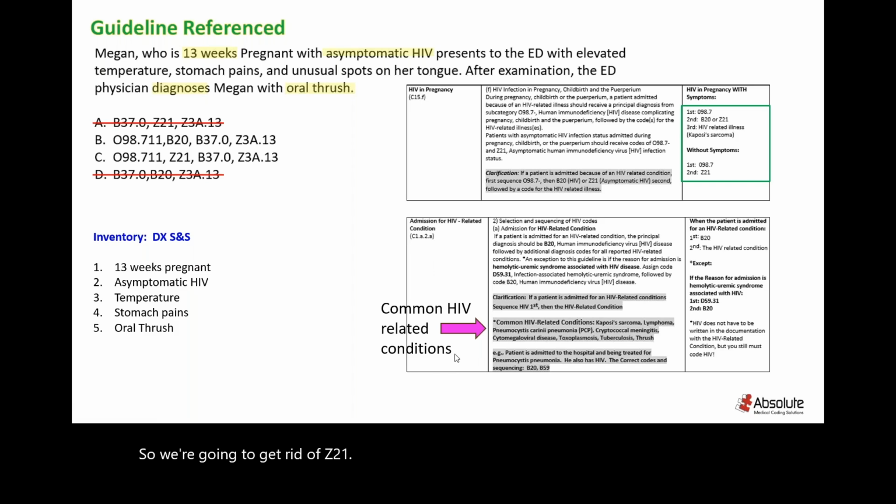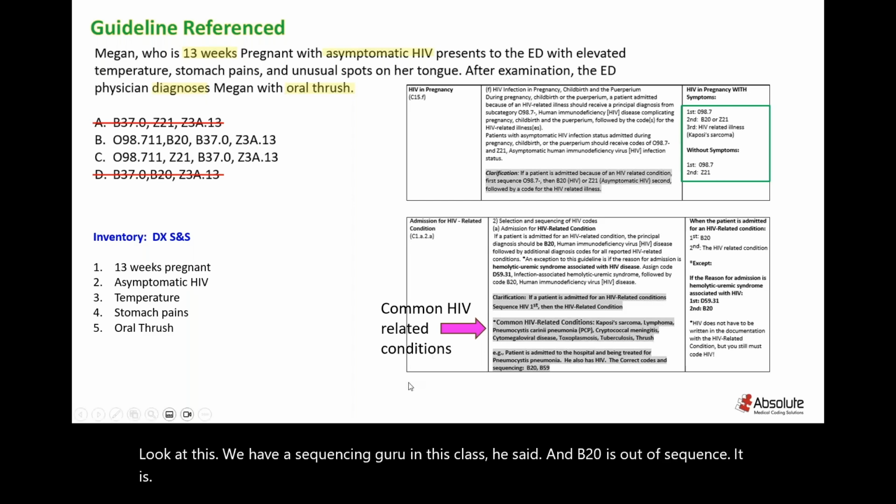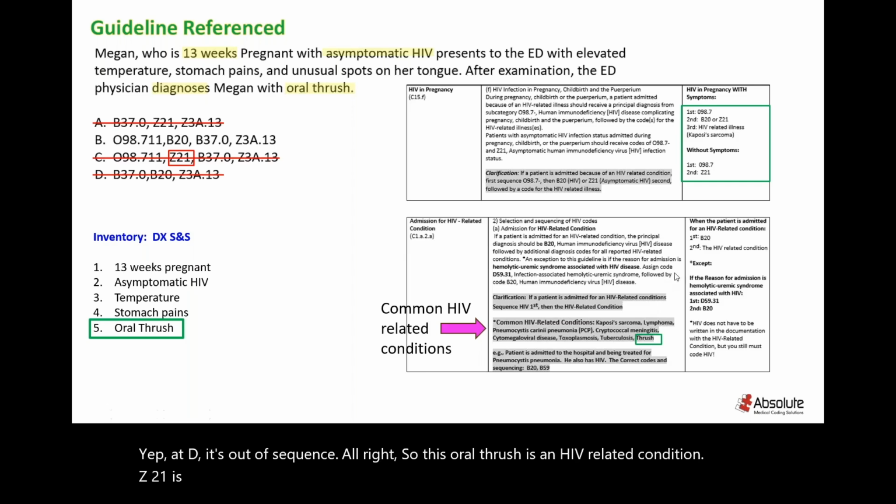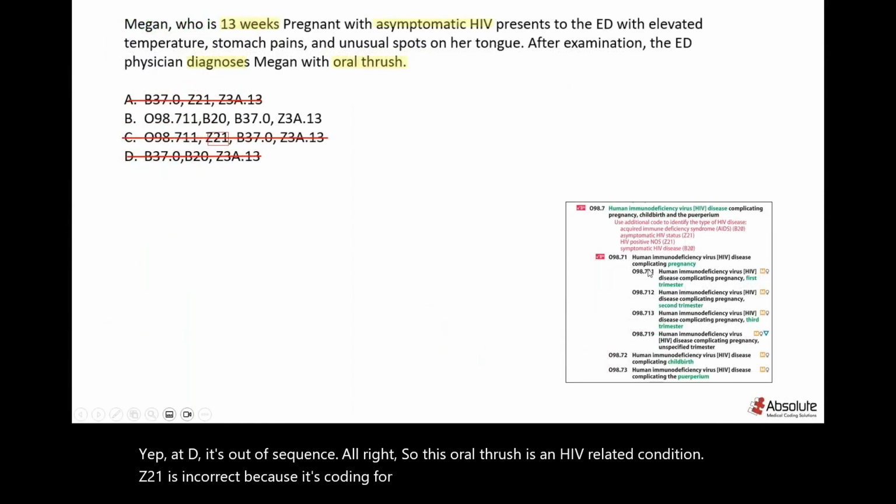Look at this. We have a sequencing guru in this class. He said B20 is out of sequence. It is. Yep, at D, it's out of sequence. All right, so this oral thrush is an HIV-related condition. Z21 is incorrect because it's coding for asymptomatic status. And B is your answer.